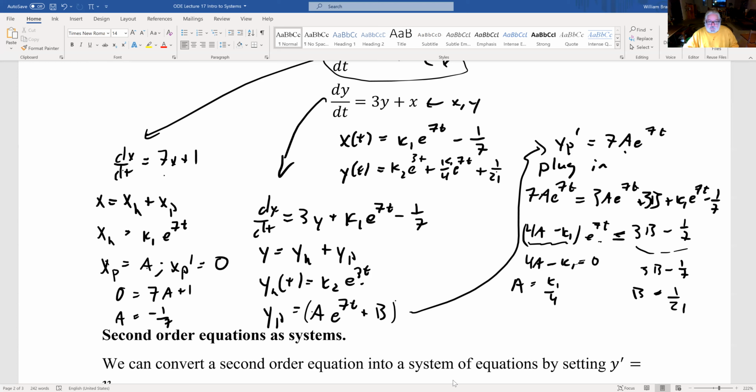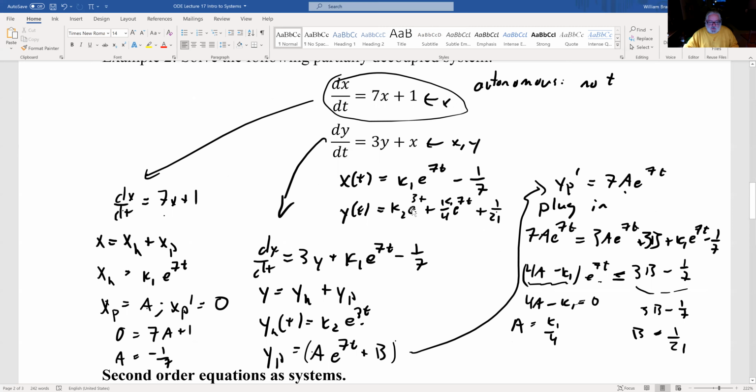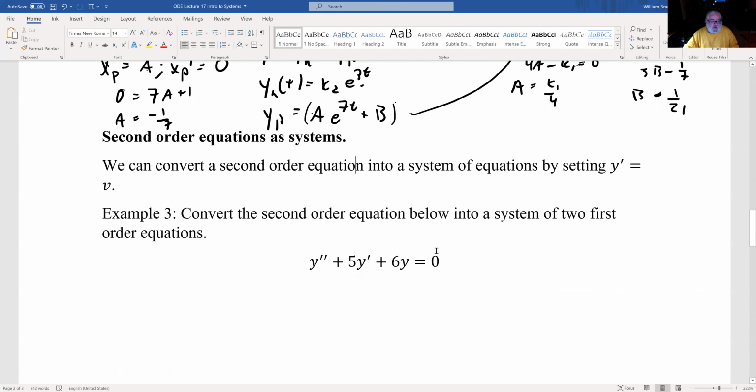There we go. So for a partially decoupled system, you can solve one for x, plug it into the other one, and then solve that one for y. And now we have a complete solution of that.